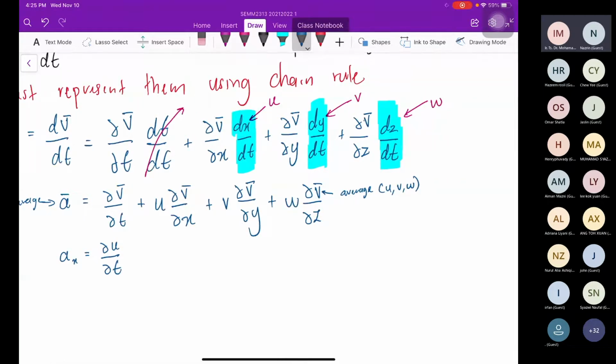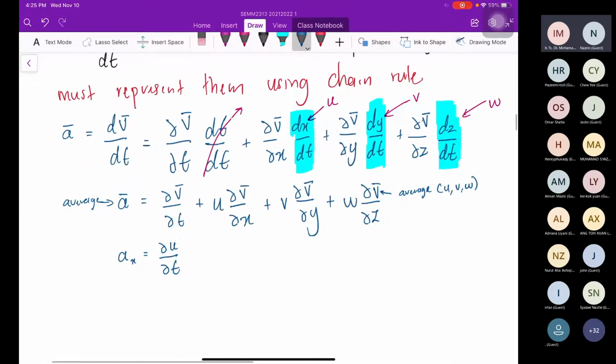Because this is in terms of X, and you know that V average is the combination of U, V and W. So now I want to focus on X. I remove V and W, so anything pertaining to V average, I replace with U. This is U, partial derivative of U over partial derivative of X. Again, this is V, partial derivative of U over partial derivative of Y, plus W, partial derivative of U over partial derivative of Z.